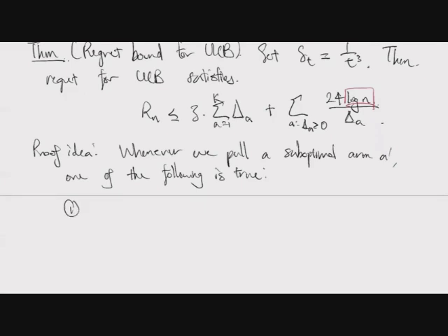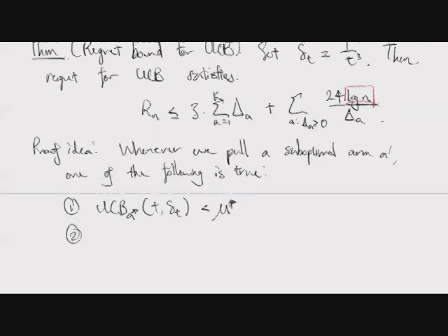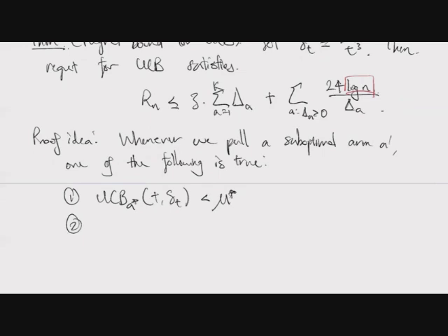The first thing that can go wrong is that the upper confidence bound for the best arm, A star, is somehow smaller than the true mean of the best arm. Alternatively, it could be the case that the UCB for this other arm, A prime, is bigger than the true mean for the best arm.